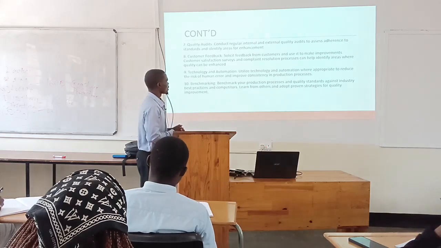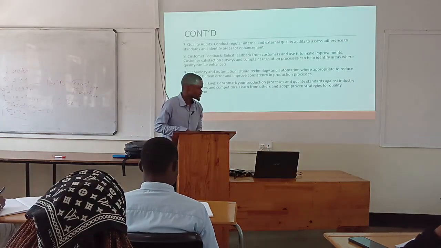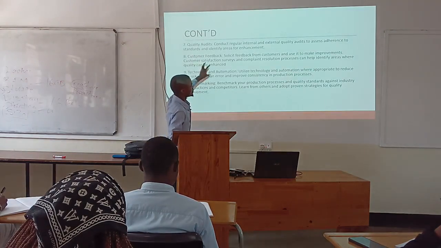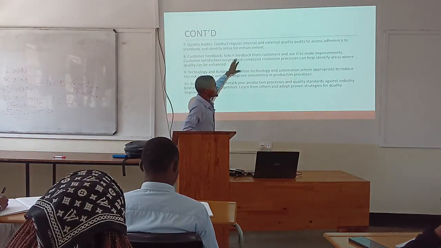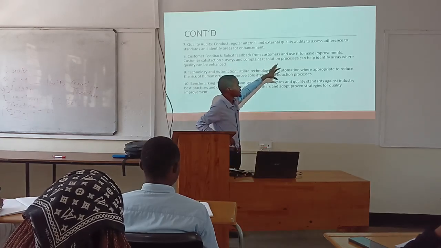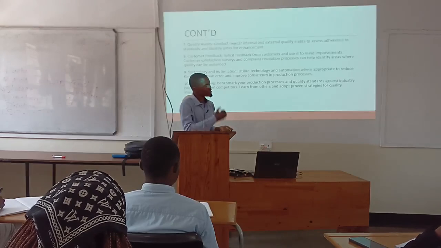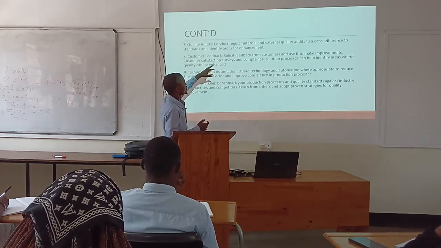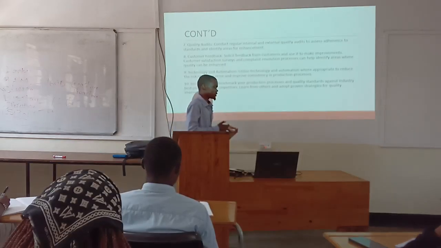So that's an auditor. An organization can also have this person, the quality auditor. So this person is assessing the organization to see if they are adhering to the standards, and also to identify areas of enhancement.